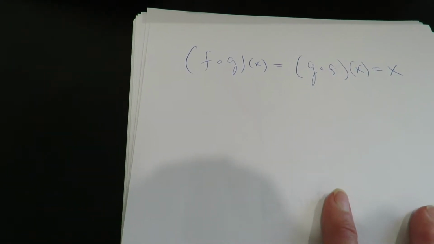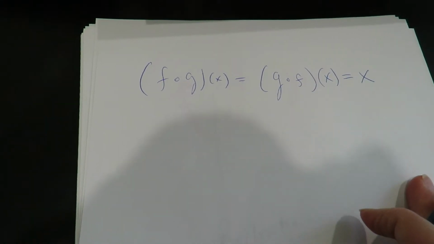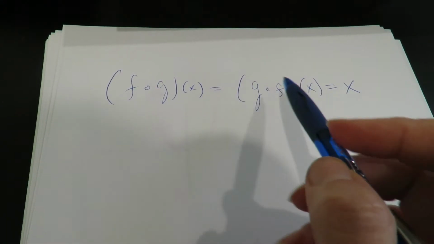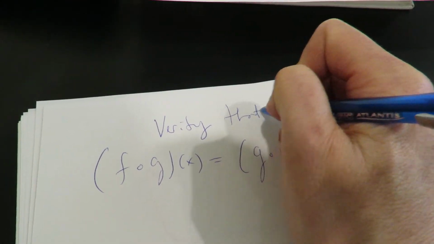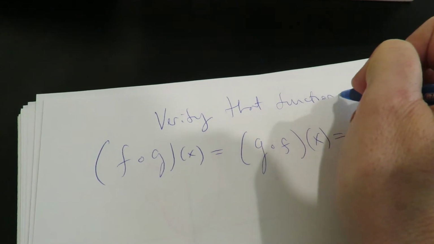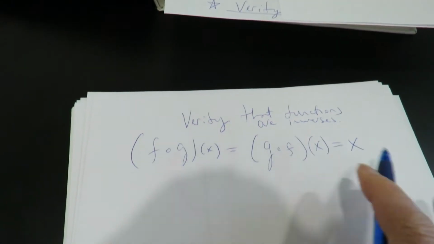All right, last little bit on this one, and I do want to do a more difficult one with you, but let's just do this one. What I'm trying to say here is if you want to verify that two functions are inverses, you would use this concept.